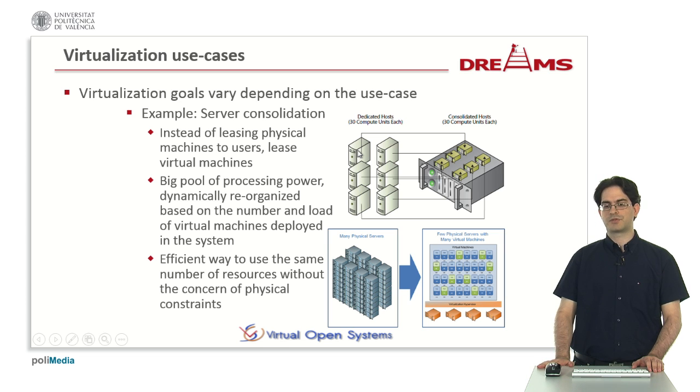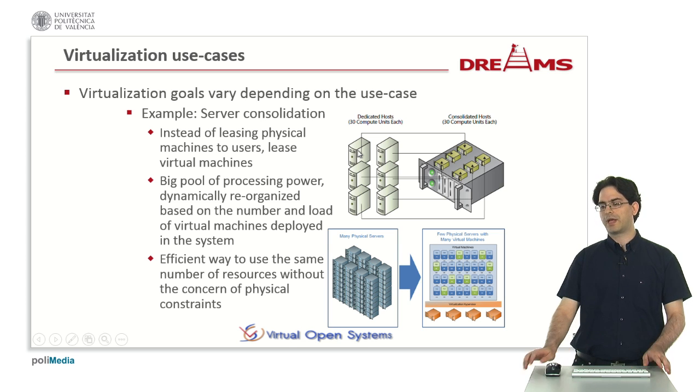If the user stopped leasing the machine, it would sit somewhere taking dust all over the place. So instead, virtualization is used on a huge pool of processing elements, and you lease virtual machines instead of physical machines. That way you can handle your whole pool of resources much more easily and efficiently.